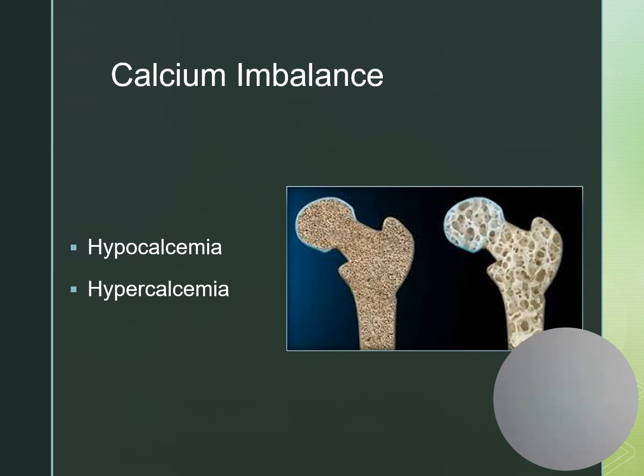Paget's disease, prolonged immobilization, chemotherapy agents, and multiple myeloma. These clients are going to start feeling that deep bone pain because that calcium is being removed from the bone and put into the blood vessel.